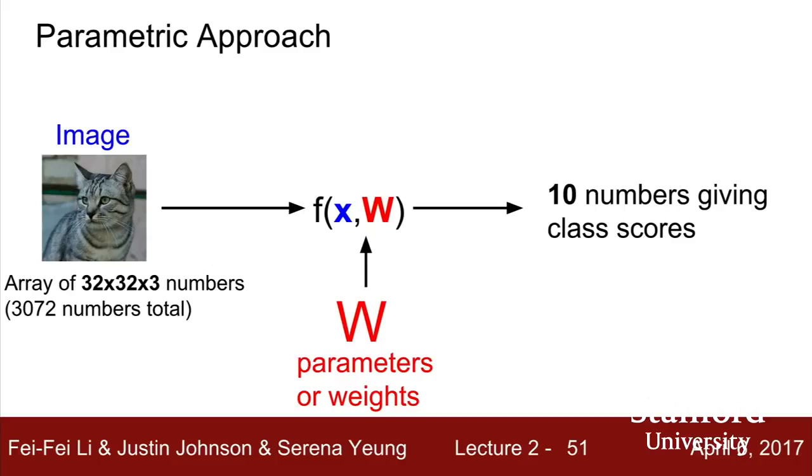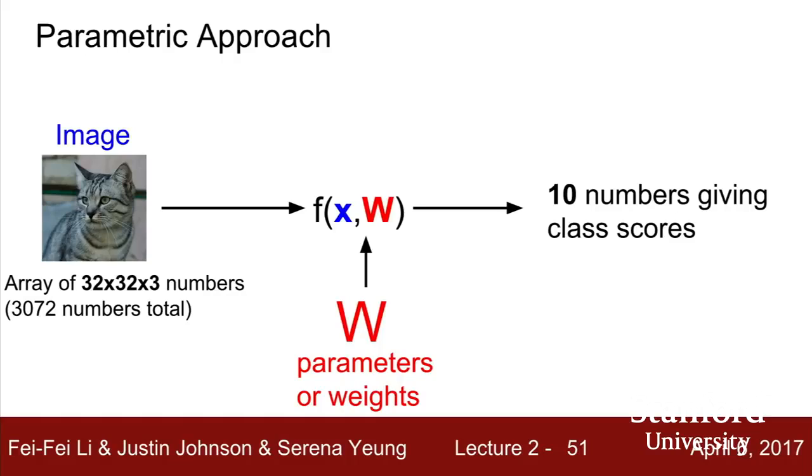Our parametric model has two different components. It takes in this image, maybe of a cat on the left, which we usually write as x for our input data, and also a set of parameters or weights, which is usually called W, also sometimes theta, depending on the literature.